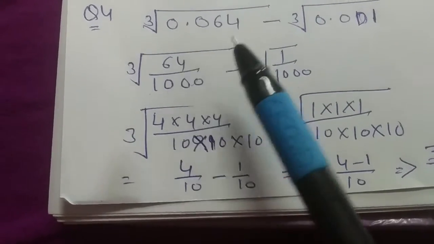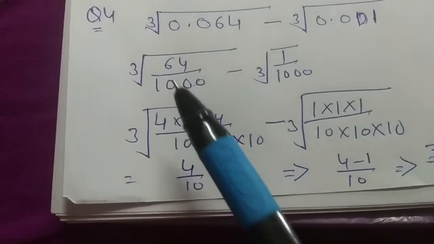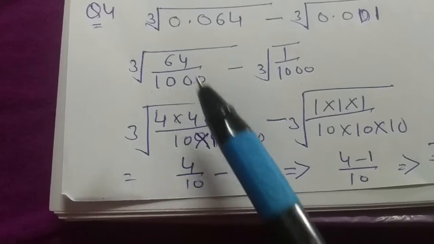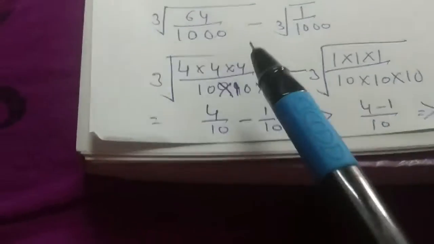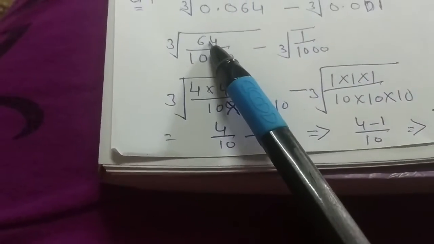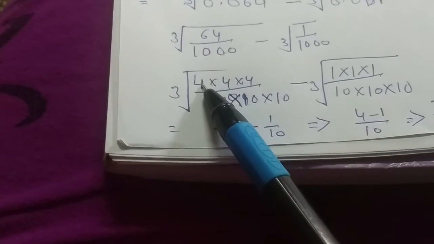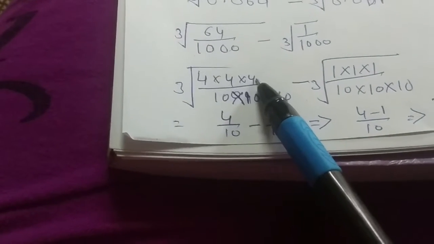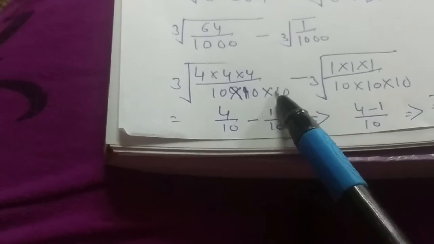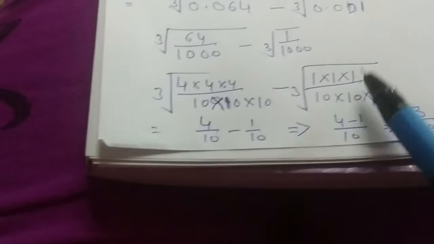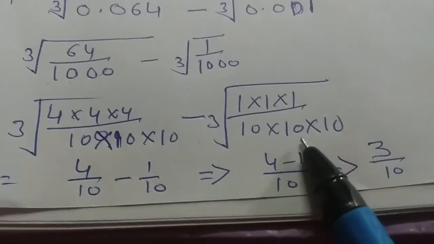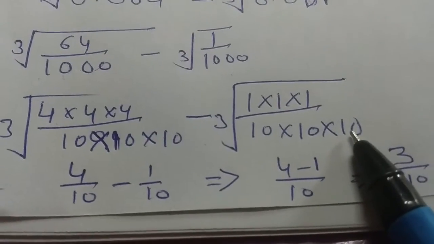Then prime factorization, or you can simply say that you have to make groups of 3 same numbers. 64 is the cube of 4. I can write it as 4 into 4 into 4, and 1000 as 10 into 10 into 10, and minus 1 into 1 into 1 over 10 into 10 into 10.